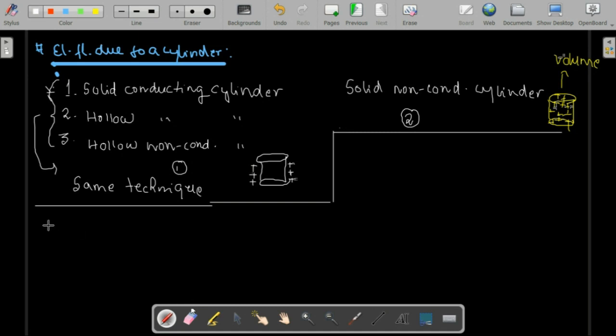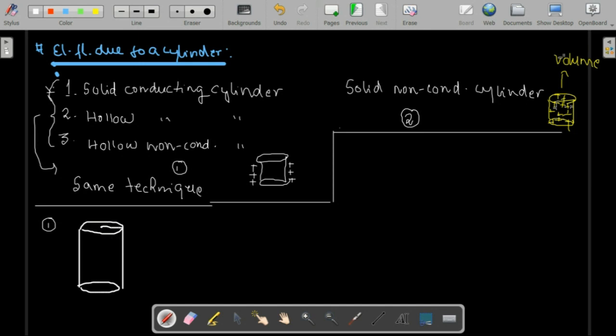So now let me draw one image for our conducting cylinder. I can draw a cylinder like this. I should have drawn it a bit larger, but anyway. This is my cylinder, and let's write down some parameters.